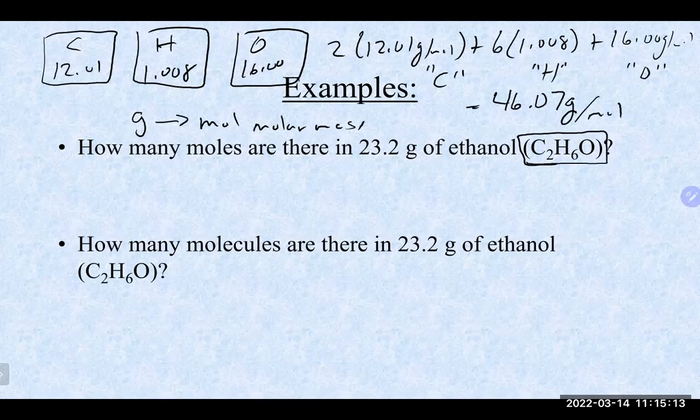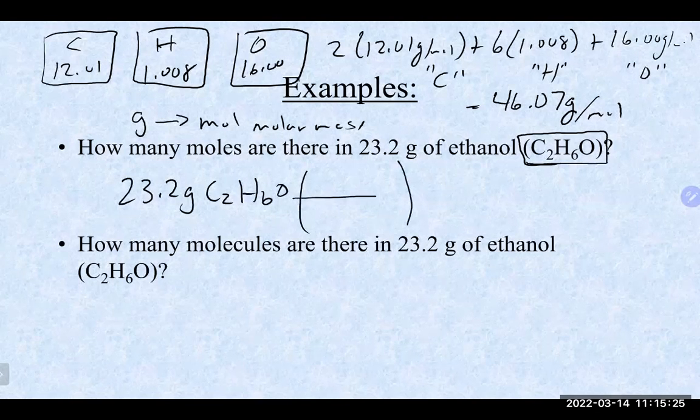And again, we would use that as a conversion factor here. So we would start here with 23.2 grams of C2H6O. Using the molar mass that we just calculated, we want grams to go on the bottom so that they cancel. So that would be 46.07 grams per mole here.